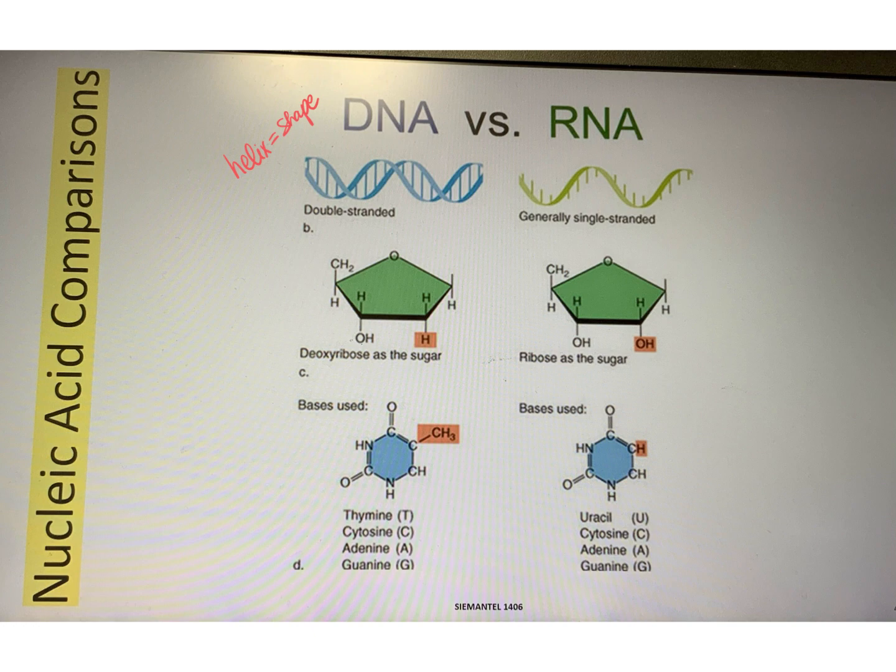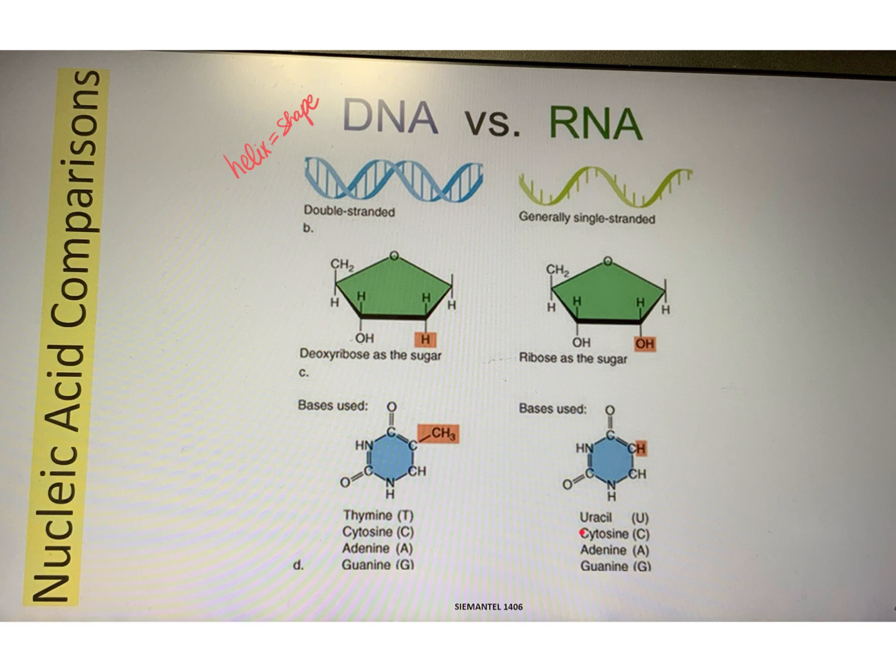Then the other thing we can look at for differences are the nitrogen bases, the identity or the type of the nitrogen bases. So DNA uses the nitrogen bases thymine, cytosine, adenine, and guanine. We normally use the letters T, C, A, and G to represent them. So just the first letter of the name of the nitrogen base.